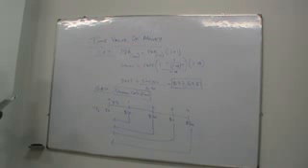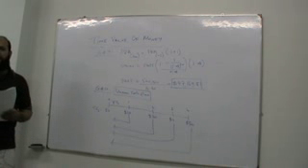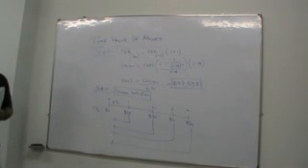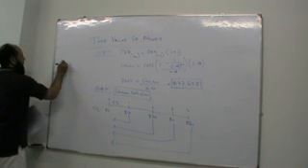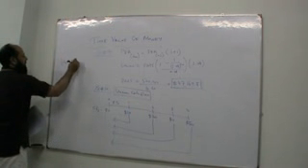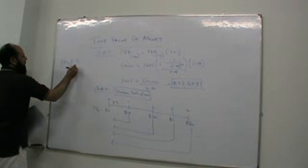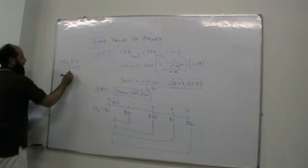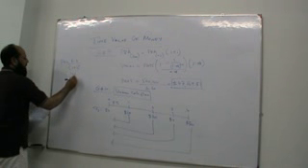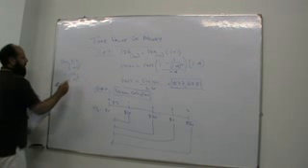Now the $100 that we are getting at the end of year 1, what would be the present value of that? We can find out the present value by using the formula. Present value is equal to future value divided by 1 plus I raised to power n. We are getting $100, the rate of interest is 8%, and we are getting it after 1 year.